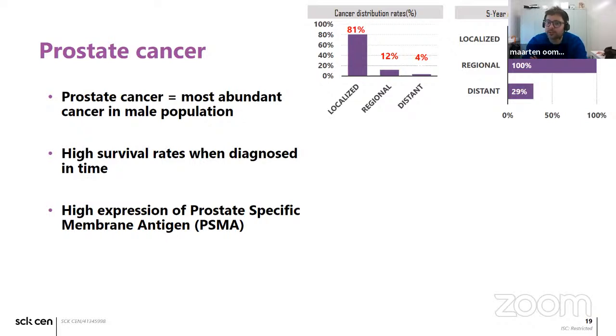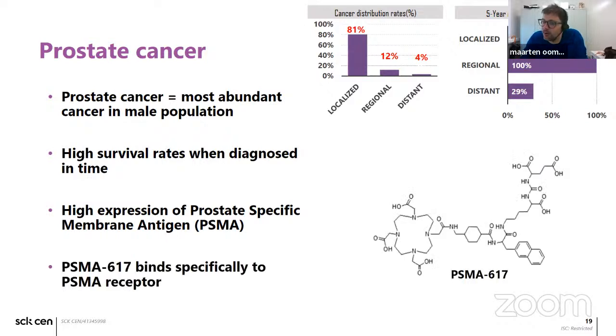What is good for these tumors is that they also have a high expression of prostate-specific membrane antigen, what we call PSMA. It's not really expressed on other tissue, so it's a really good basis for targeted radionuclide therapy. What they did is develop a compound, PSMA-617.